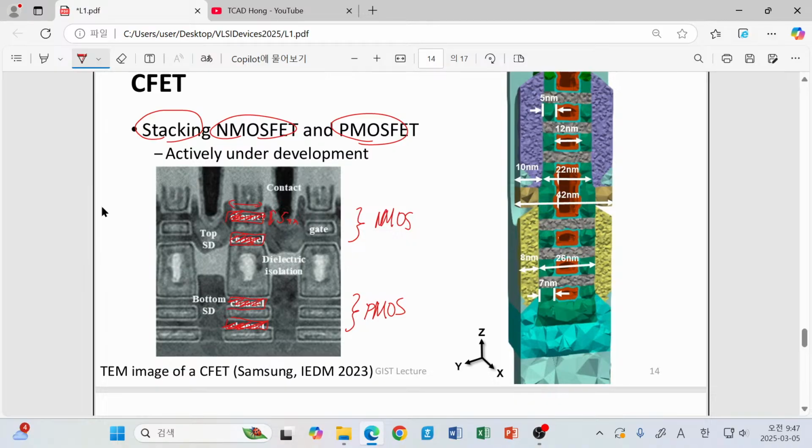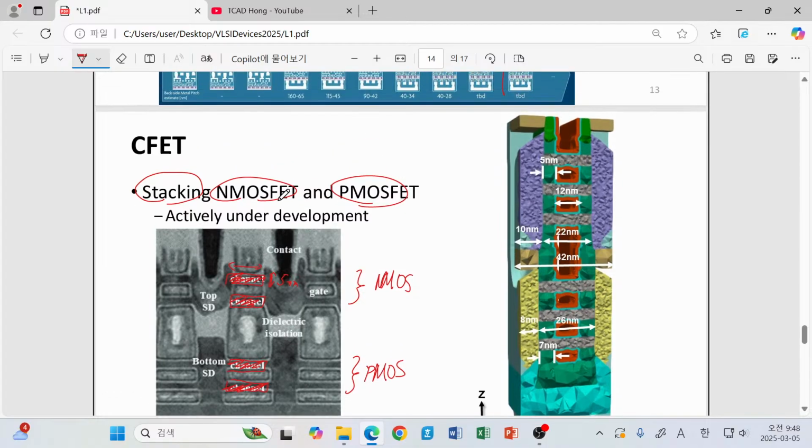And this is a clearer view, although this is not a realistic one but just a graphic, but you can see those numbers, the eventual CFET will look like this, and its length scale is 12 nanometer, 5 nanometer, something like that.